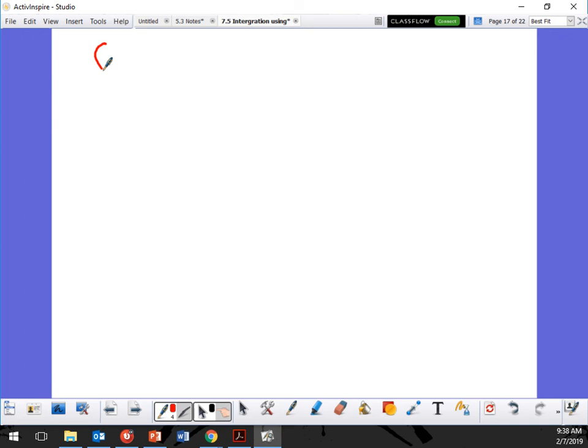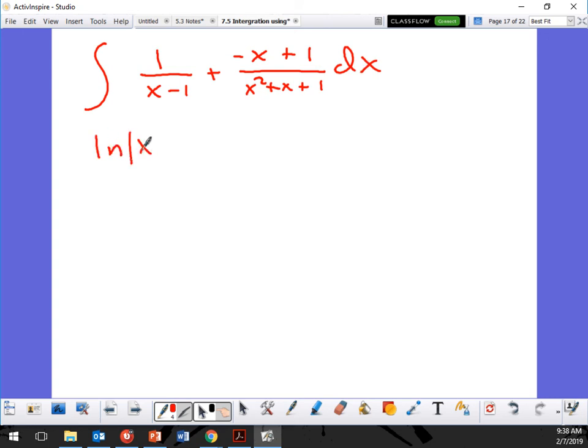So it's going to be the integration of A over x minus 1, plus B, which is negative 1 x plus 1 (C, which is 1), all over x squared plus x plus 1, dx. All right, so we're going to come up with ln of absolute value x minus 1.